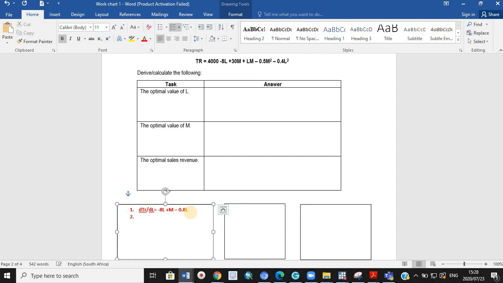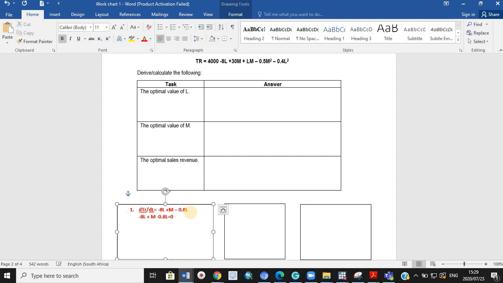So here we need to solve this: this partial derivative should be equal to 0. Okay, so we'll say minus 8L plus 8 minus 8L plus M minus 0.8L should be equal to 0.